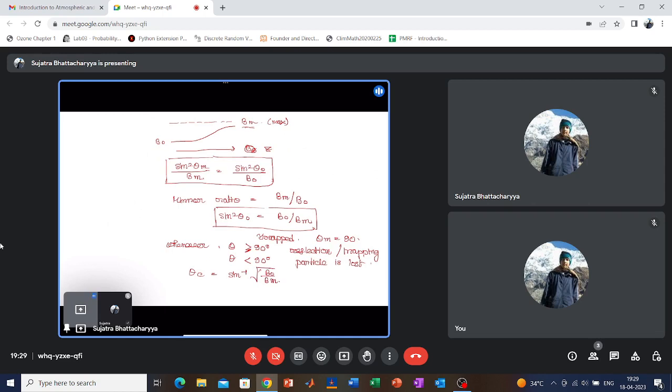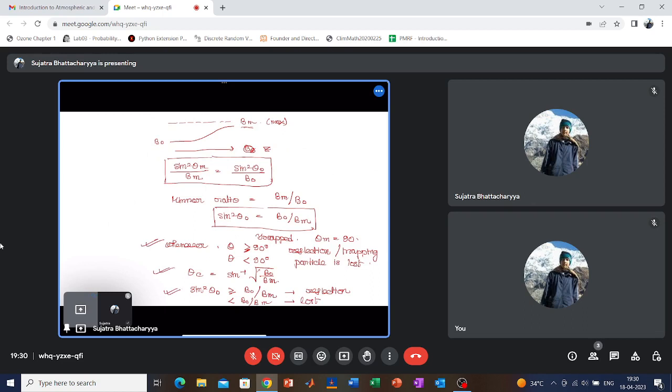So if sine square theta 0 is greater than or equal to B0 by Bm, then again reflection. If it is less than B0 by Bm, the particle is lost. So conditions are like this.